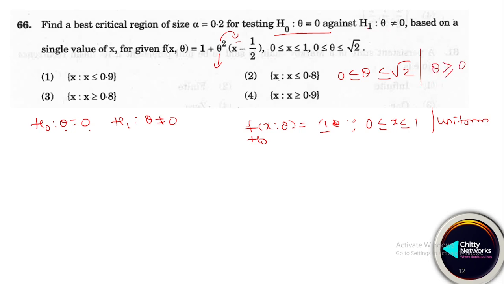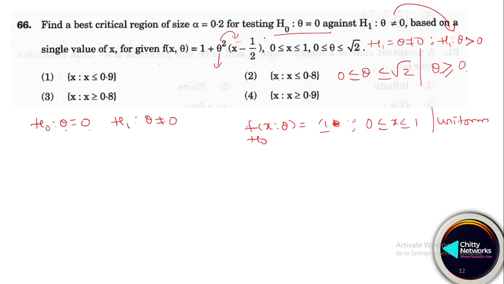And what is H1 here? H1 is theta is not equal to 0. Here we see the range of theta is greater than or equal to 0, so this hypothesis turns out as H1: theta is greater than 0.